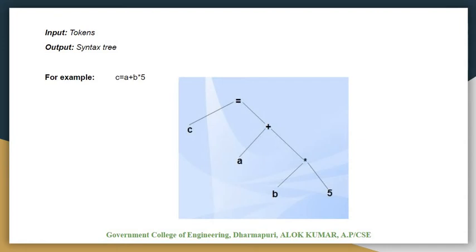Firstly B into 5 will be calculated, so that is multiplication with B and 5. After that we do the addition of A and B into 5, and after that this equal to. In this manner, this is the syntax tree.